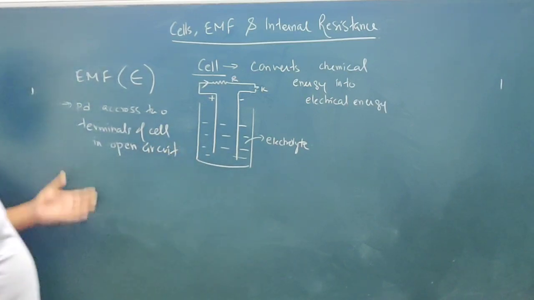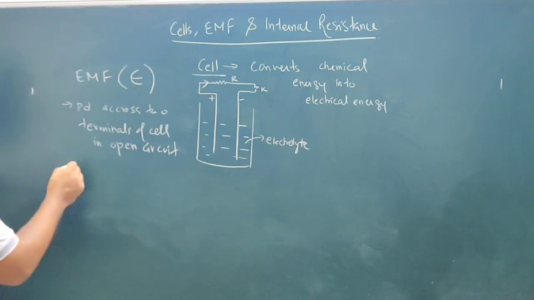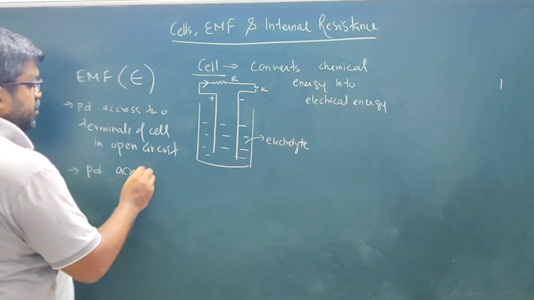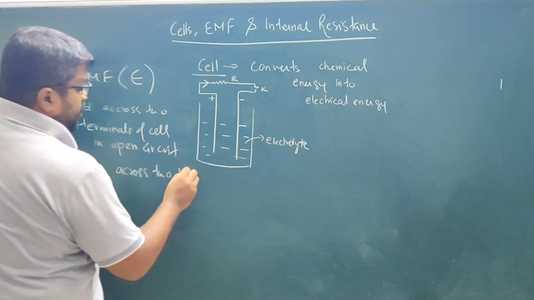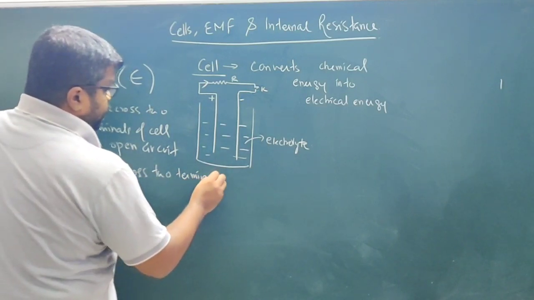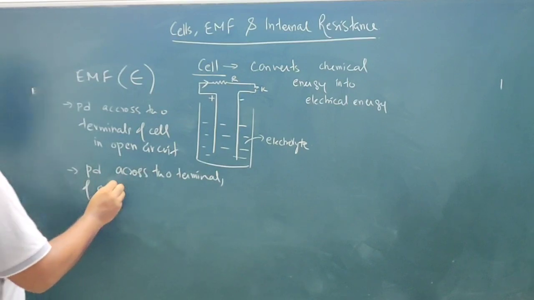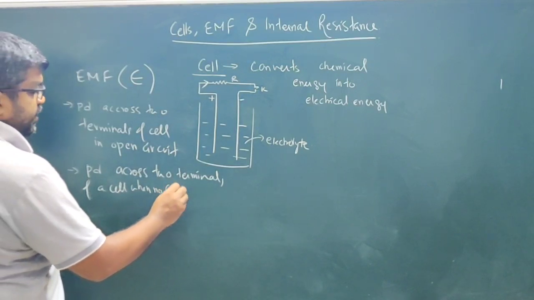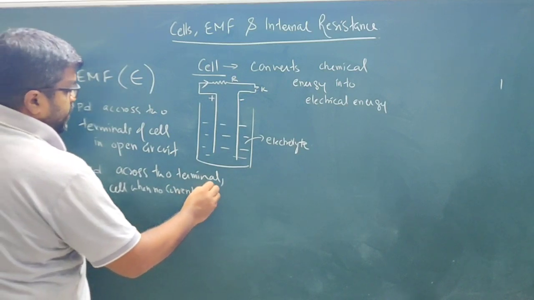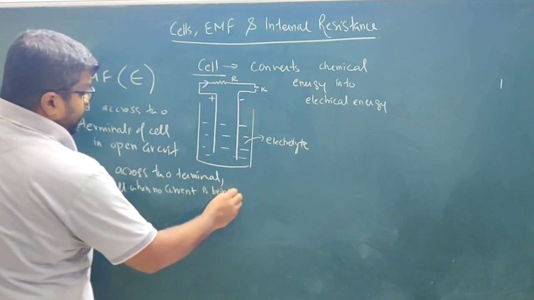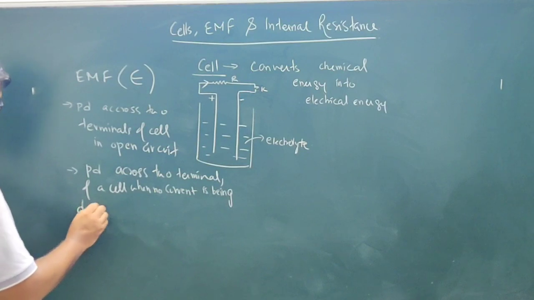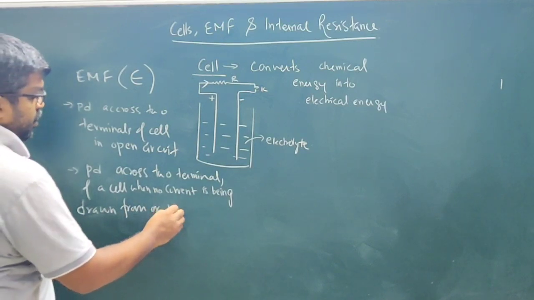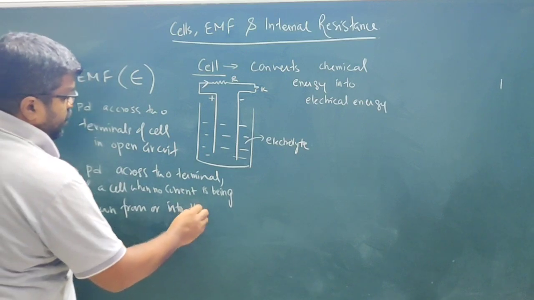In open circuit, you can define it like this, or you can say the potential difference across two terminals of a cell when no current is being drawn from or into the cell.